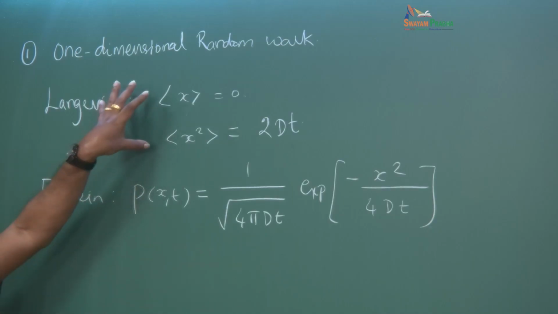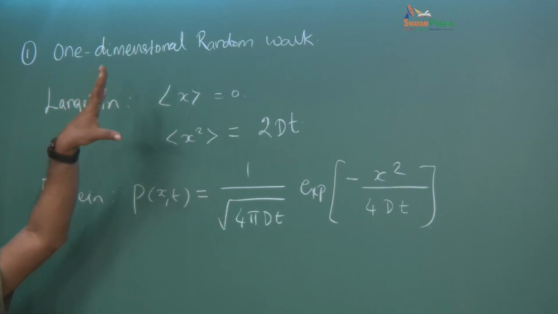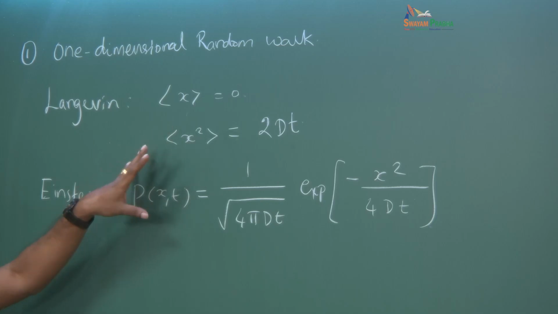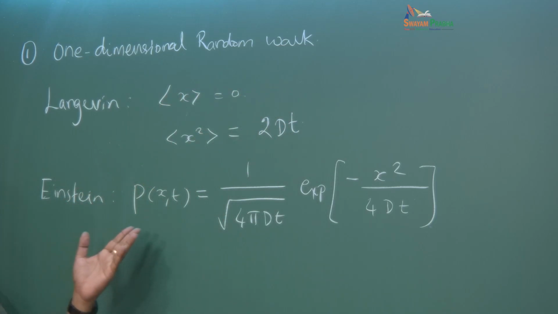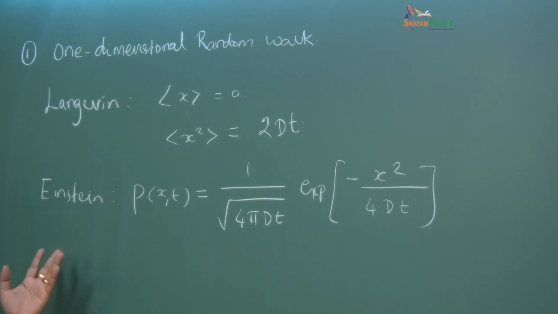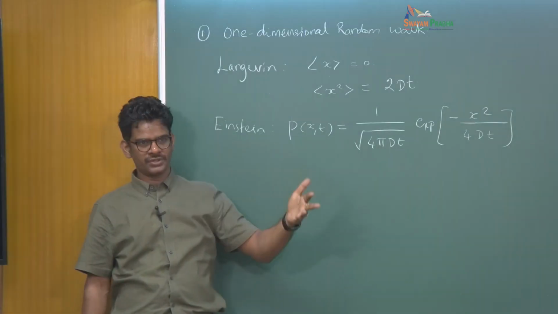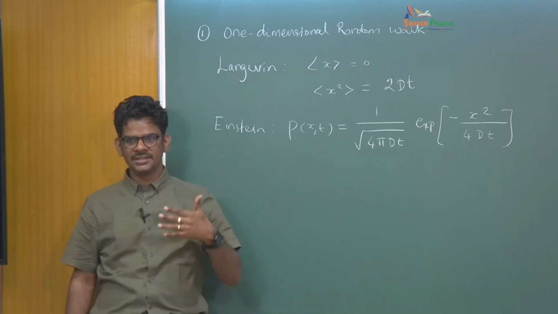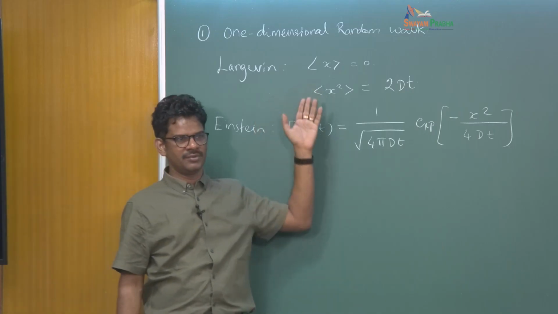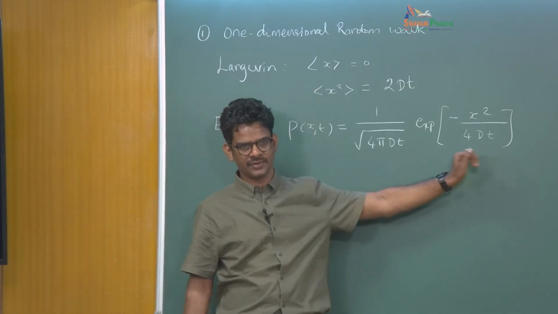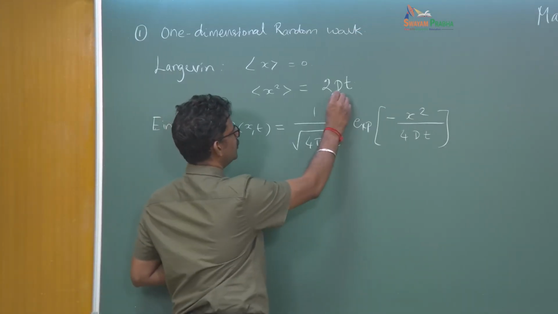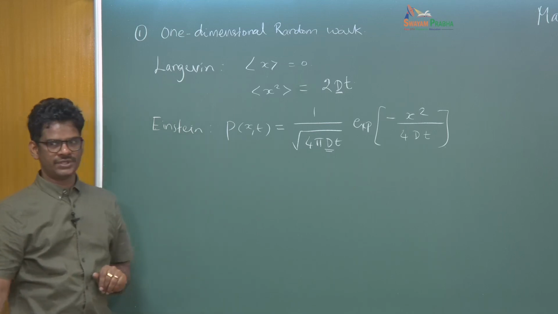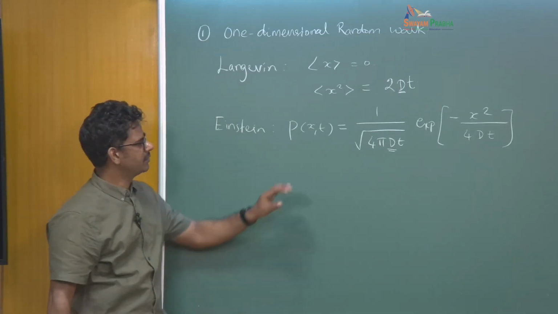We have already seen Langevin equation. We set up the Langevin equation and looked at the mean and mean square displacement, and we derived these results. And in the case of Einstein formulation or a continuous Markov process approach, which we are yet to discuss, the solution for this problem will be a Gaussian distribution. In all these cases, this D denotes the diffusion coefficient or the diffusivity of the Brownian particle. So these things we know.